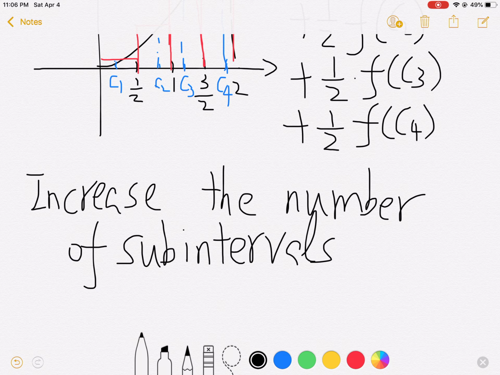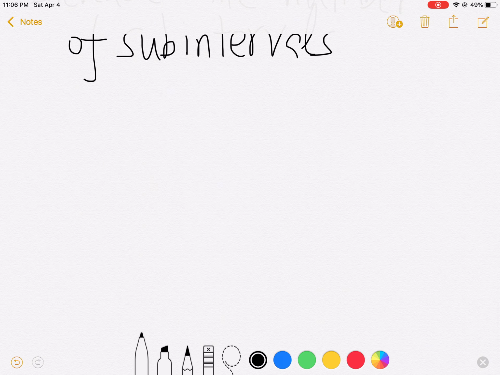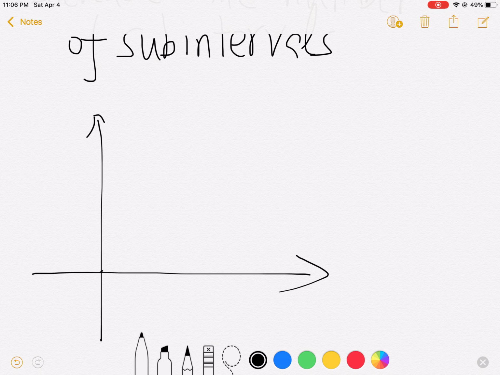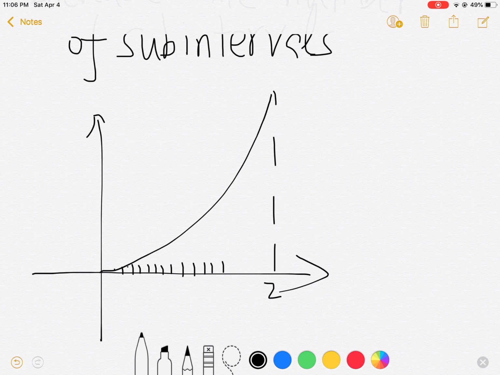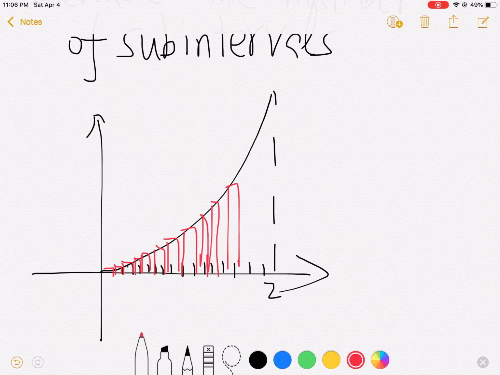If we increase to 100, then you can imagine you must have a better approximation. Right? If you have many subintervals, then you form rectangles on each interval. Then you must have a better approximation.